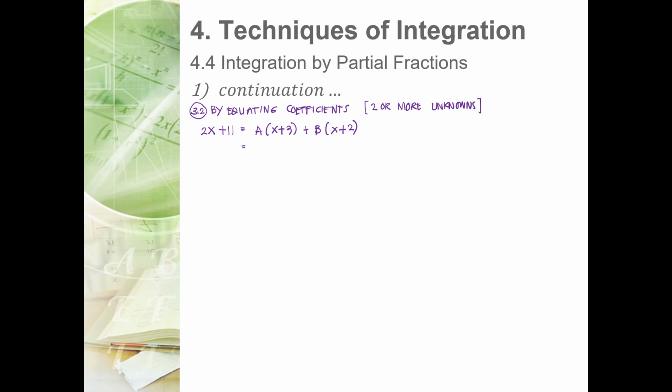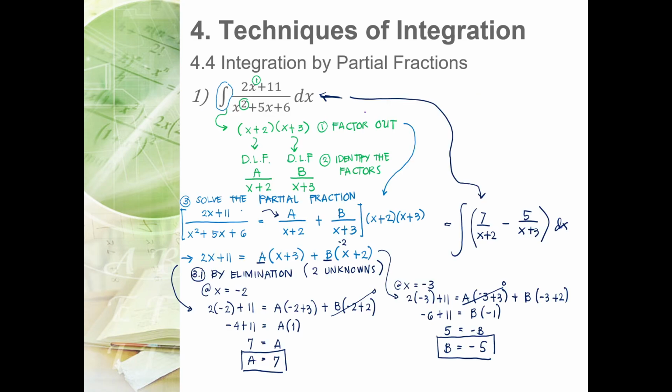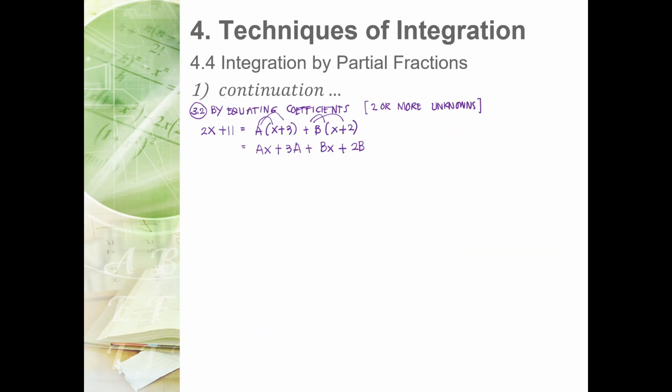So what you need to do here is expand the term above, and also expand this one. So you have ax plus 3a plus bx plus 2b. So let's verify if we have the same: 2x plus 11.